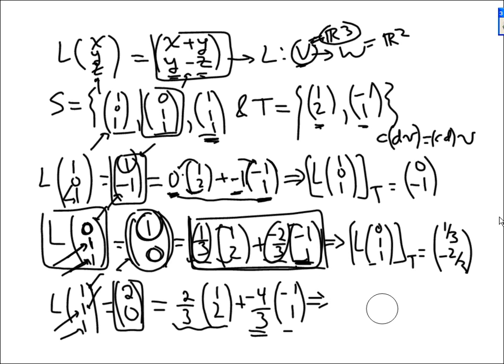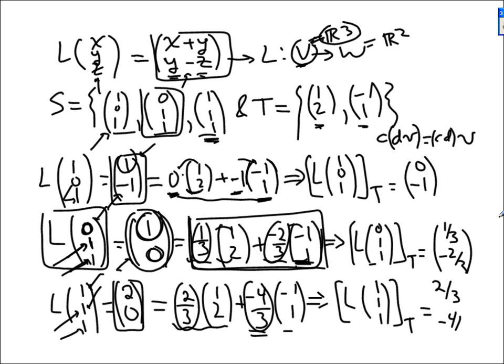Now I have the coordinates of L of the third vector in the basis S with respect to T. That is L of 1, 1, 1. The coordinates of that with respect to T is 2/3, negative 4/3. So now I have my matrix A. This will be the first column of A, that will be the second column, and down here, that will be the third column.